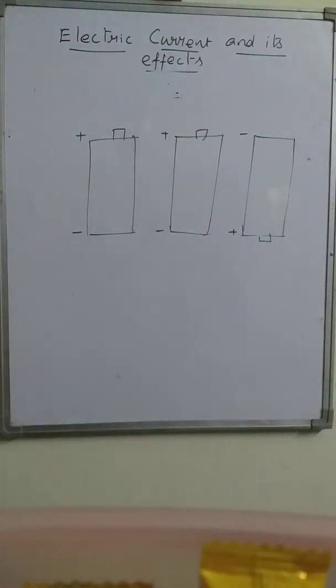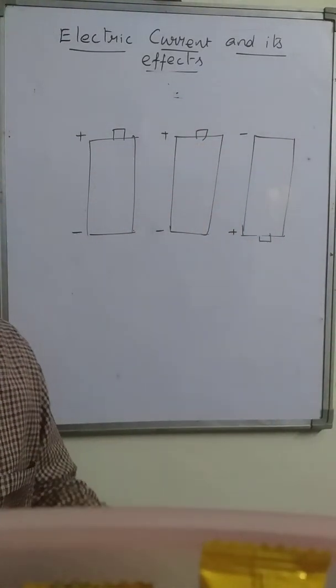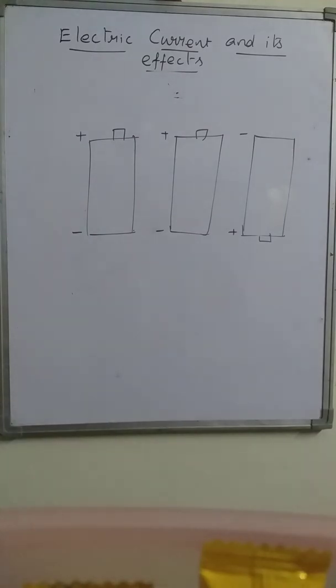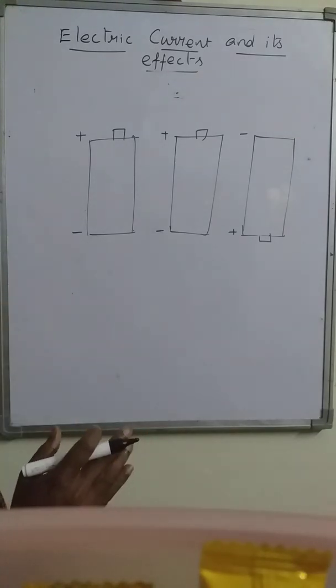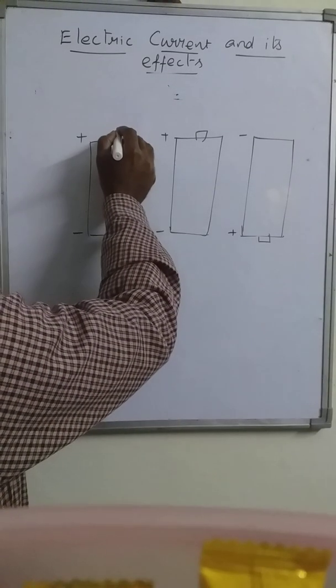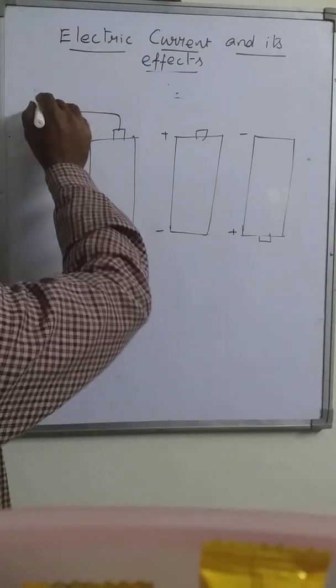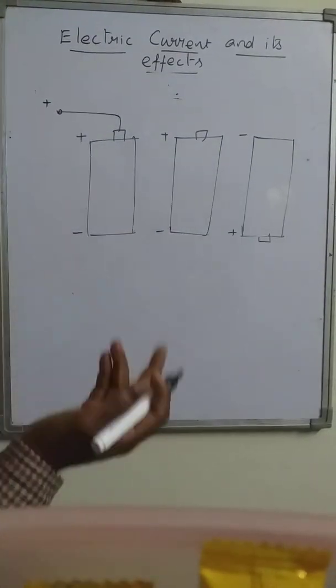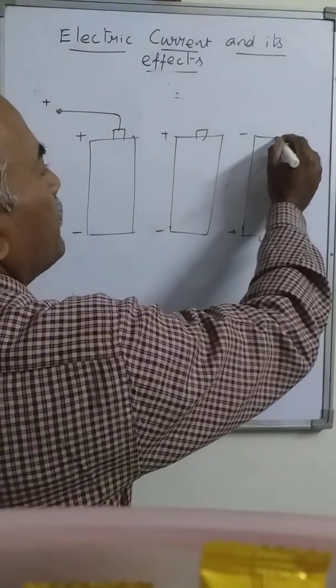Now, if you want to make the battery by using these 3 cells, then they can be joined properly. First, take one positive terminal free. This is the positive terminal free. And at last, the negative terminal free.